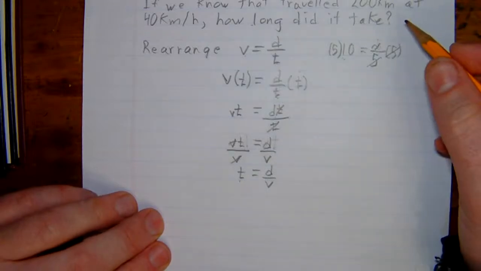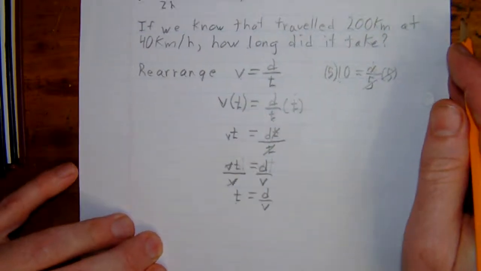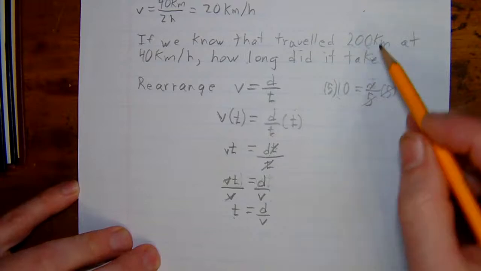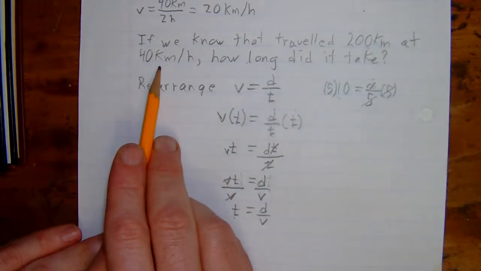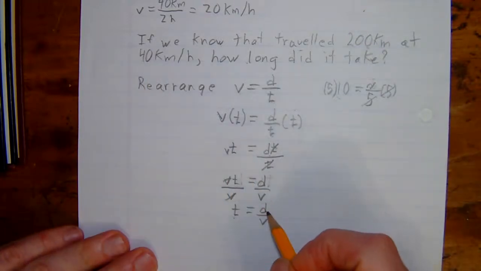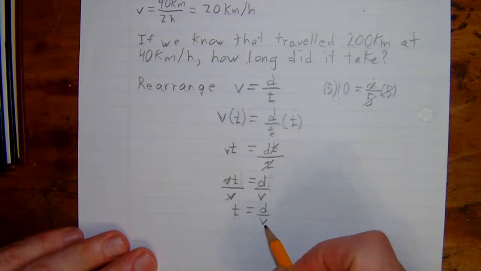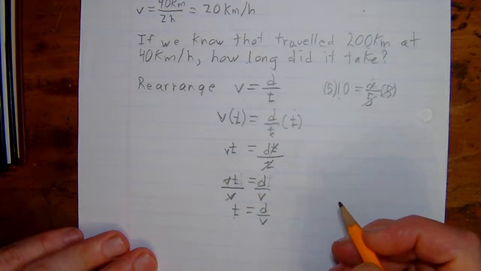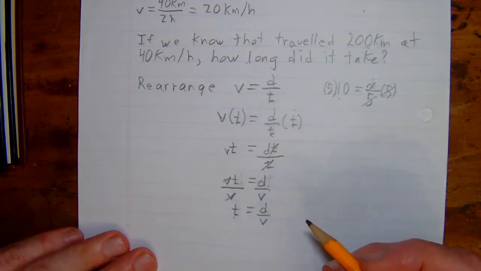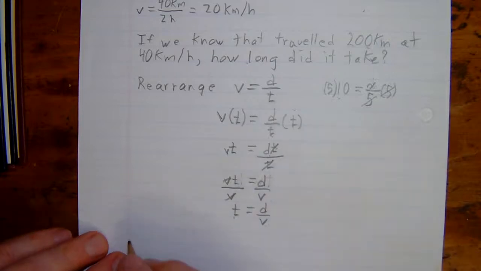So here, if we know our distance is 200 kilometers, and our speed or velocity is 40 kilometers per hour, we can do distance divided by speed, 200 divided by 40, the answer is 5, and so that tells us it took 5 hours.